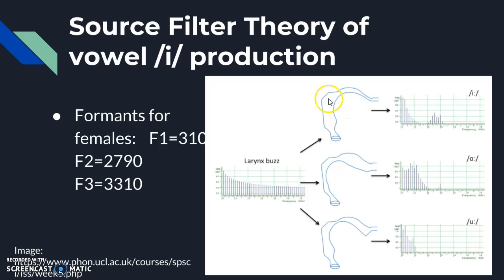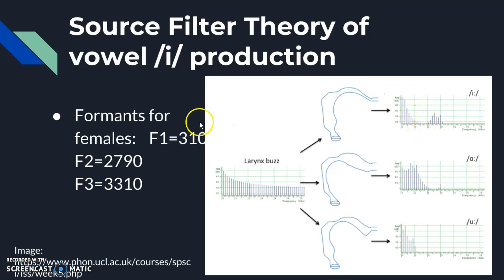And because the velum is closed, we're not using the nasal cavity. And then the sound output is seen here. So that's just what is occurring when we're taking the sound source from the glottis, having this formation in the vocal tract, and we get this sound output.